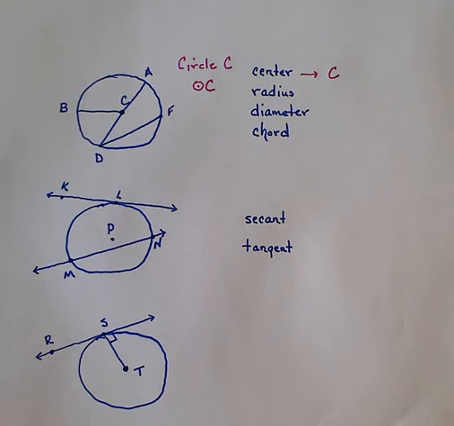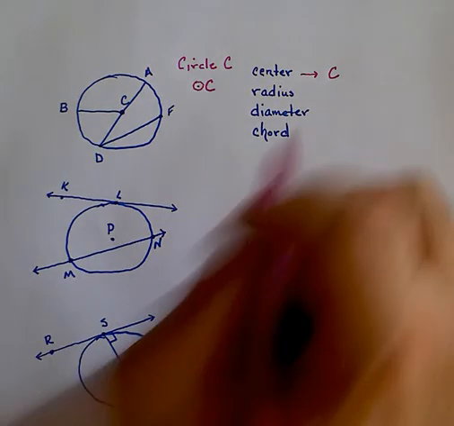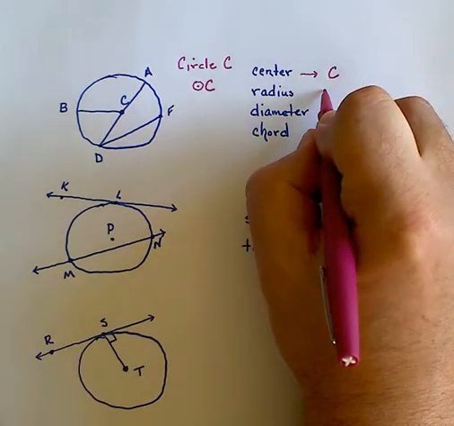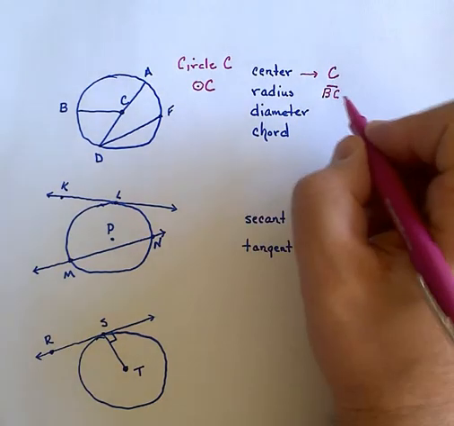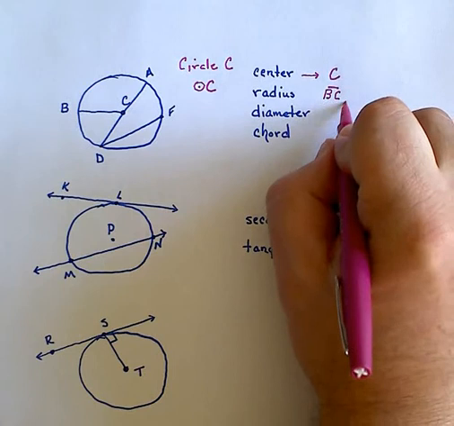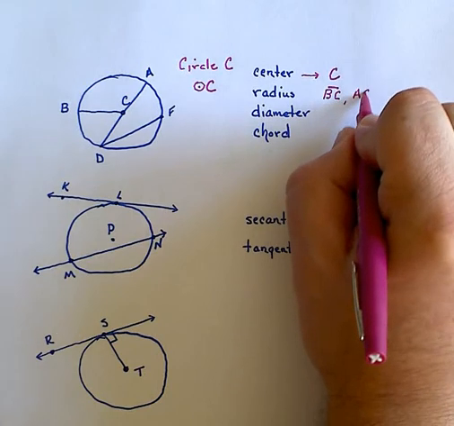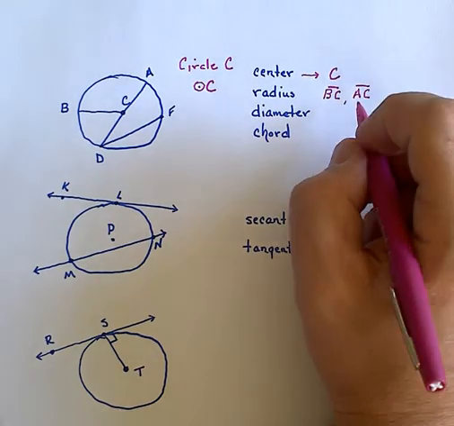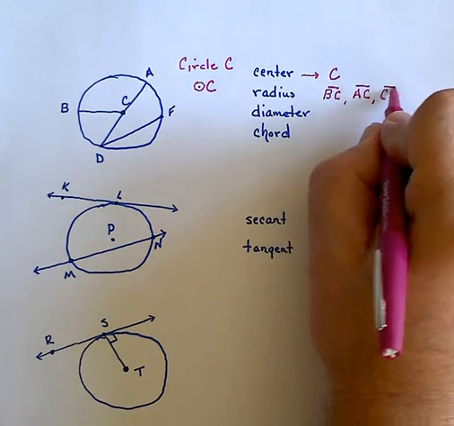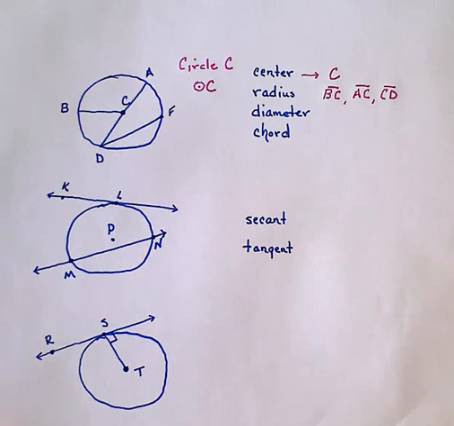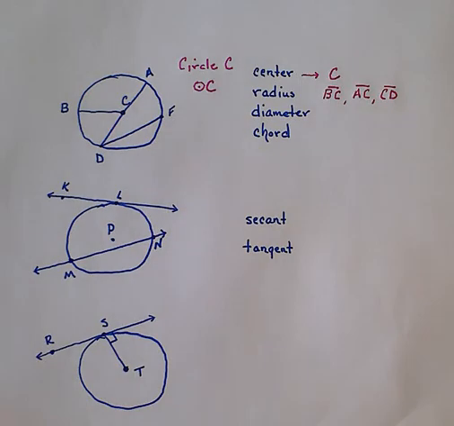So from center to circle, BC is an example of a radius, but I also have AC or CD. And again, note the symbol, that straight little line segment above each.